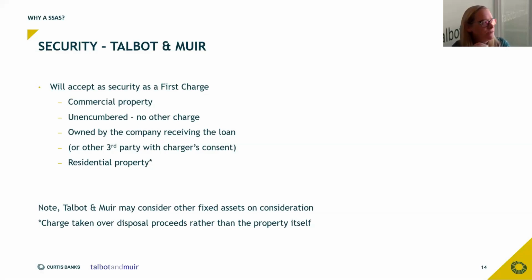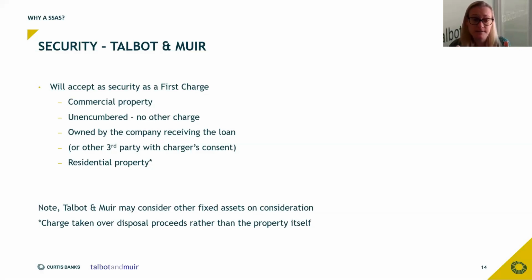I'd like to say as well, Talbot and Muir will look at property, and we'll also look at land. That's the other type of asset that we'll be able to take a charge over. Other companies out there might look at other types of assets, like intellectual property, shares in a company, or, if the company's a manufacturing type business, some quite big piece of machinery that they would look to put a charge across.